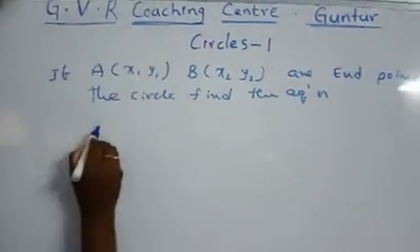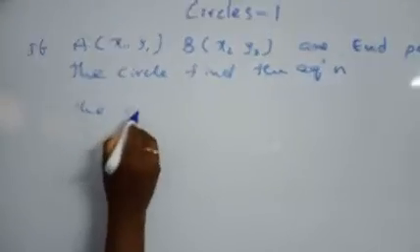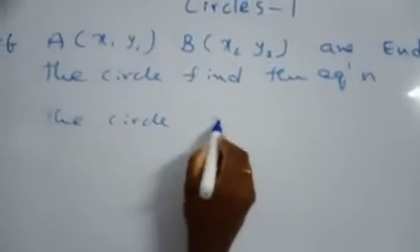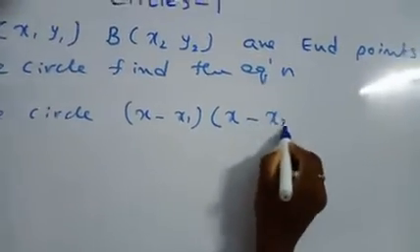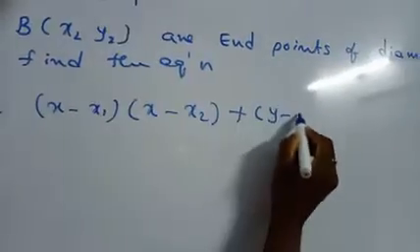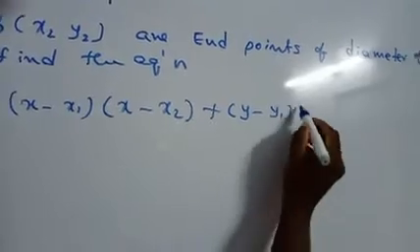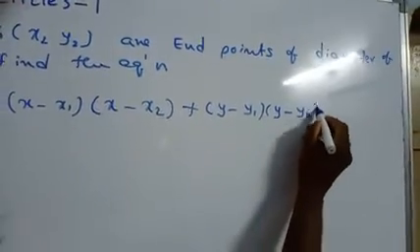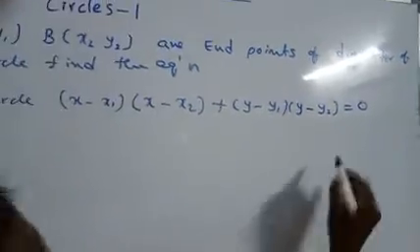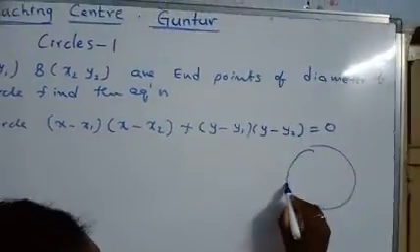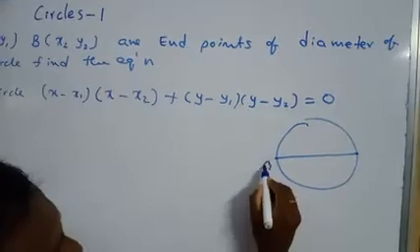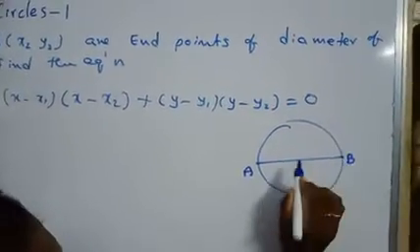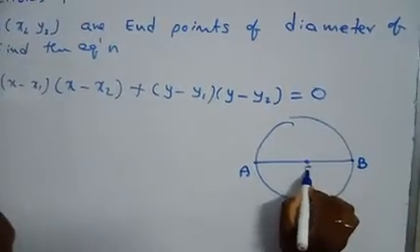So the circle is x minus x1 into x minus x2 plus y minus y1 into y minus y2 equal to 0. So this is the circle. These two are the endpoints. This is the capital A, this is the capital B, and this is the center.